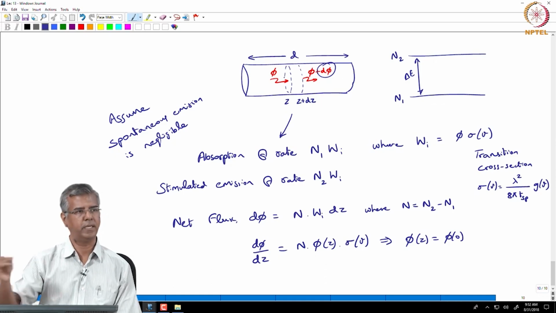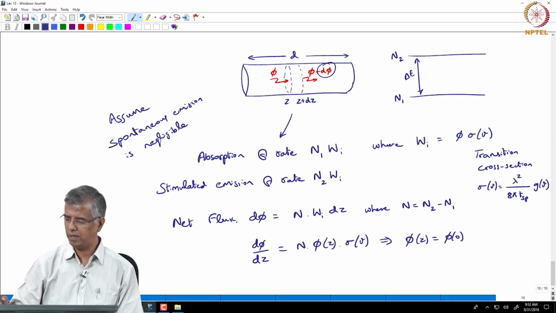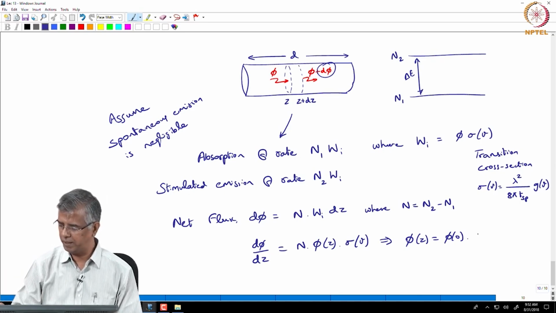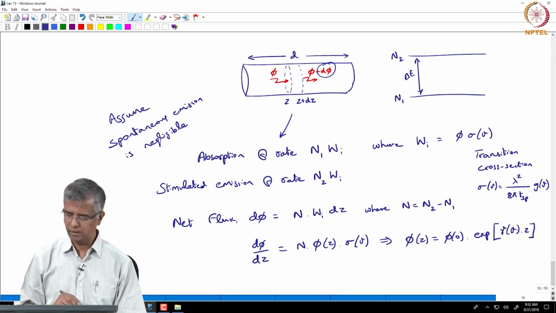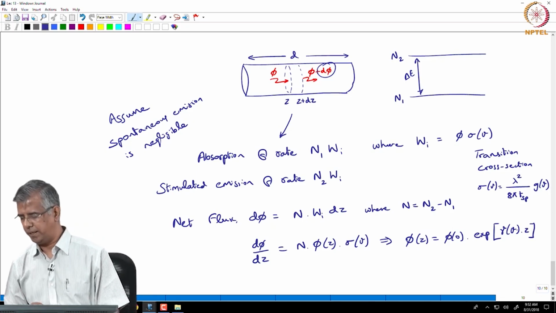We would say that is the incoming photon flux density, right. Phi of 0 multiplied by exponential of gamma of nu multiplied by z in this case, right.